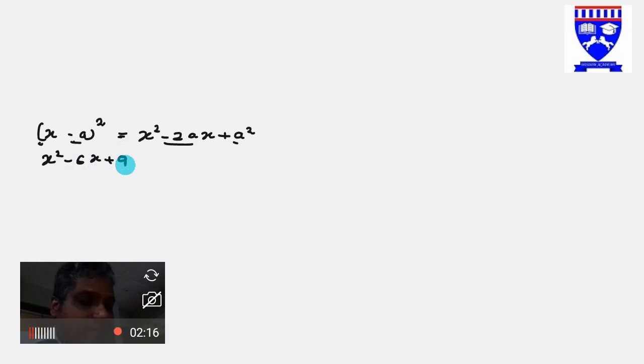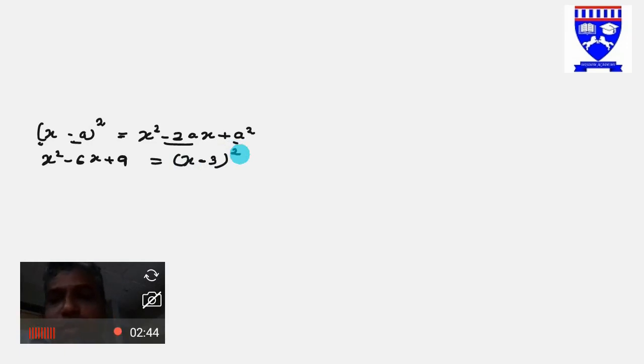You can factorize easily because it's numbers. Okay, so now how do you guess it? This is 9, so square root of 9 is 3, and this one is 3 times minus 2, so basically (x − 3) holding square is the answer. So you can easily guess the answer.